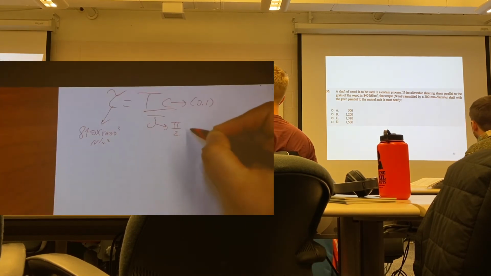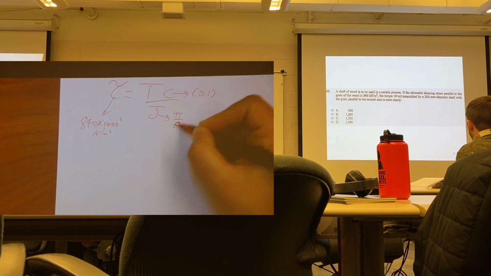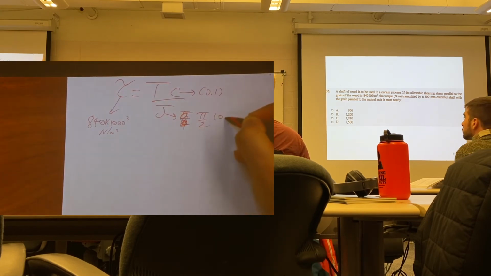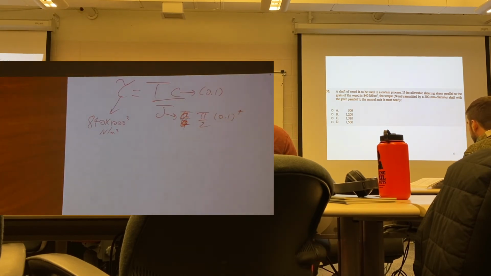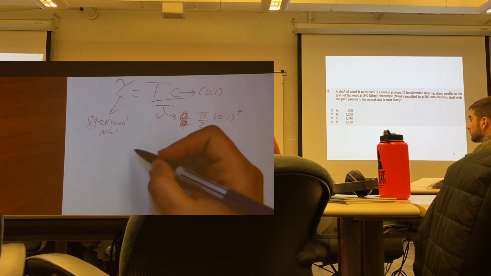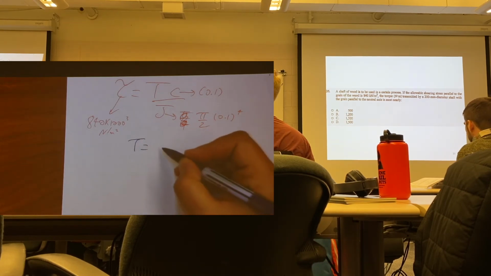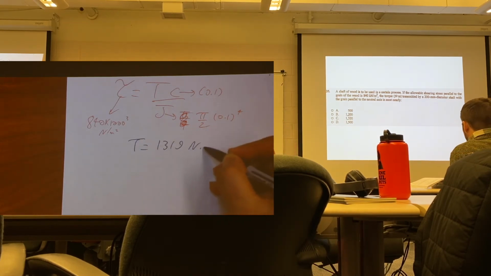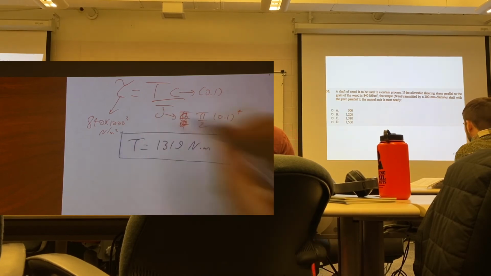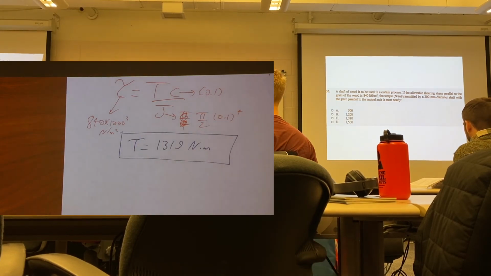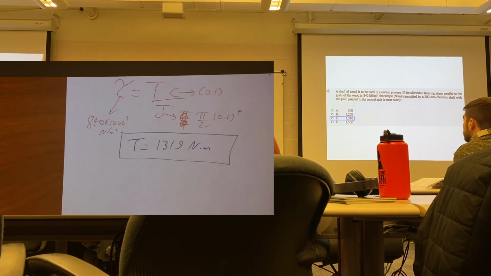And J is pi over 2 c to the power 4. If you solve this, you're going to get T equals 1319 Newton meter, which is this answer. I'm sure that if you try to substitute 0.2 instead of 0.1, you will get one of the other answers.